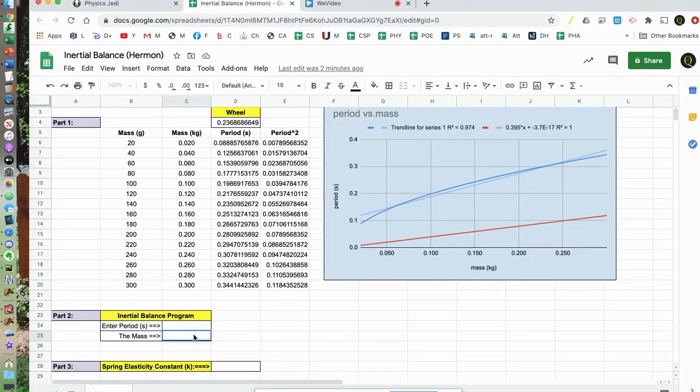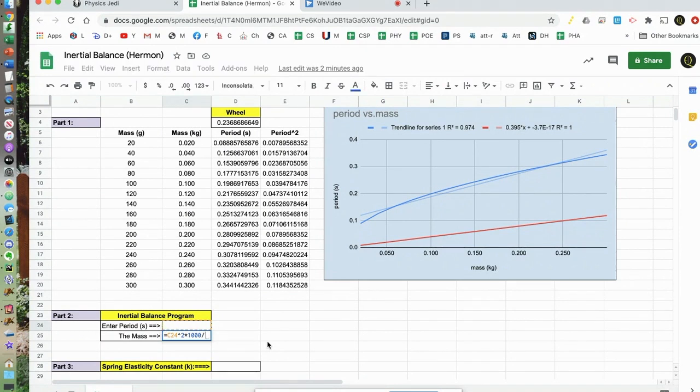So down here where it says mass, I'm going to do equals, and I'm going to take the period that's going to be entered into the program right here. So I'm going to click that cell. That's the period they're going to enter, and we're going to square it. And we're going to take it times, which is an asterisk, 1,000.